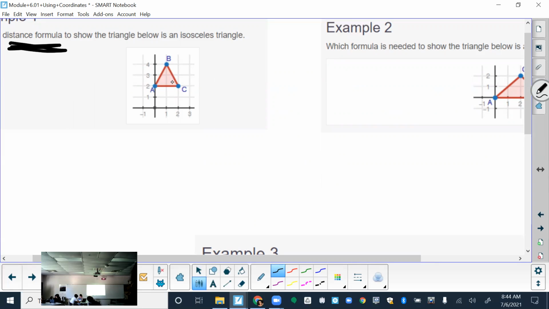So what would be my first step? Can I plug anything into the distance formula the way that it's set up right now? You have to take your points and plug those in. Good, we need to figure out what the coordinates are if we're going to plug them into this formula. So here's a formula for reference. Sorry, I'm probably going to draw a little bit on the picture, but I'll move it.